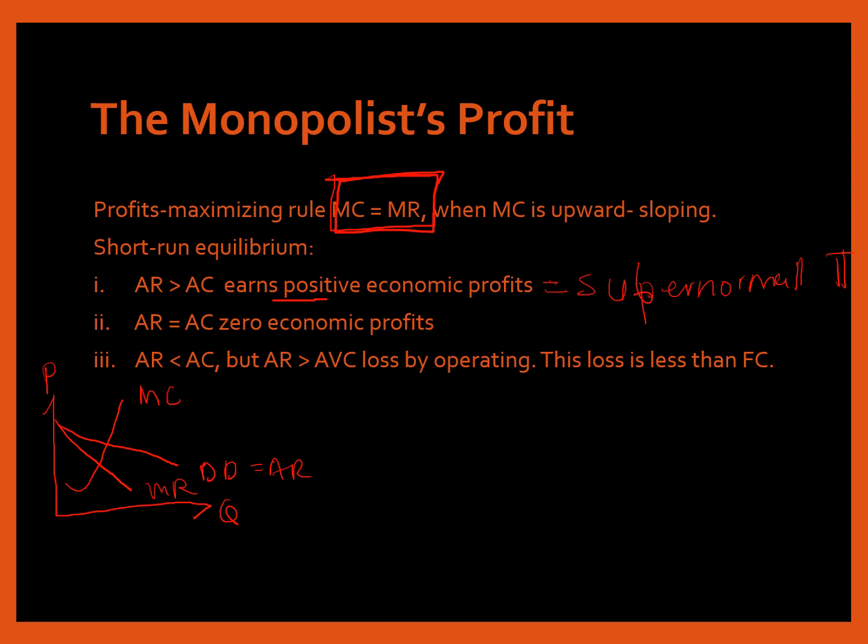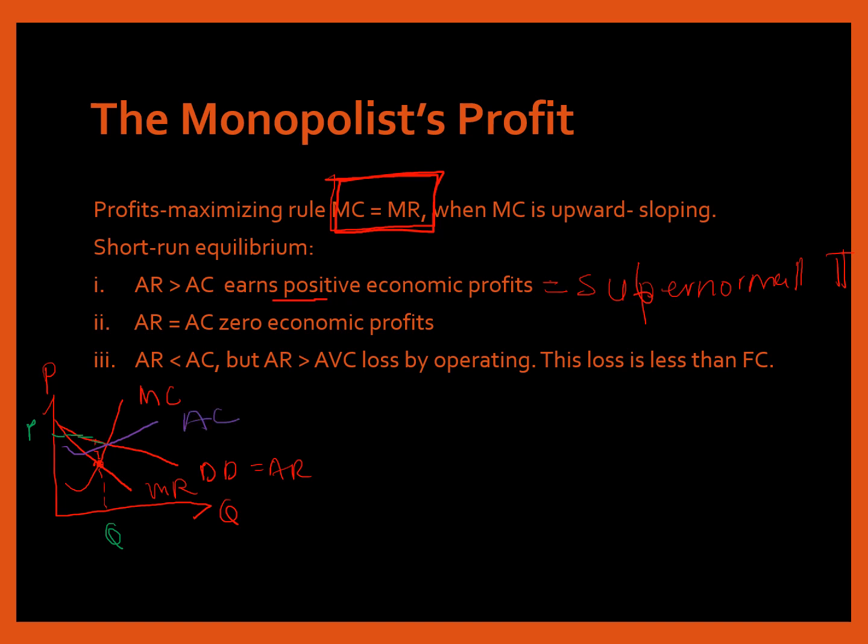So when we have MR equal to MC here, we draw across, then we get here the equilibrium price, and here the equilibrium quantity. Okay, and then I add another curve, a curve for the AC. Here is the curve for the AC.